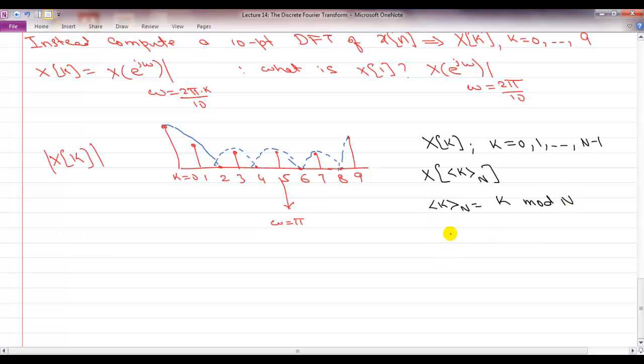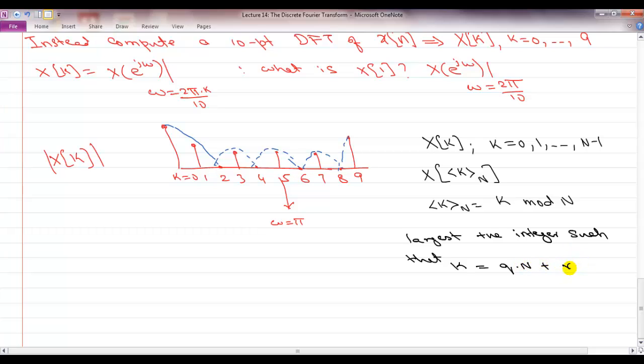The k mod n is the largest integer such that, so it's basically the remainder, the positive remainder that you get. Okay, so it's the largest positive integer such that k equals q times n plus r.